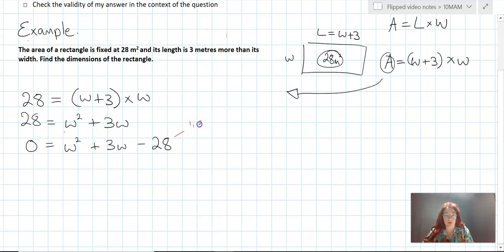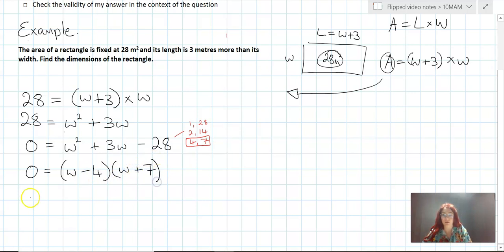So they're going to be 1 and 28, 2 and 14, 4 and 7. 4 and 7 are 3 apart. So if we go 0 is going to equal, to get positive 3, it's going to have to be positive 7 and negative 4. So width minus 4 times width plus 7.